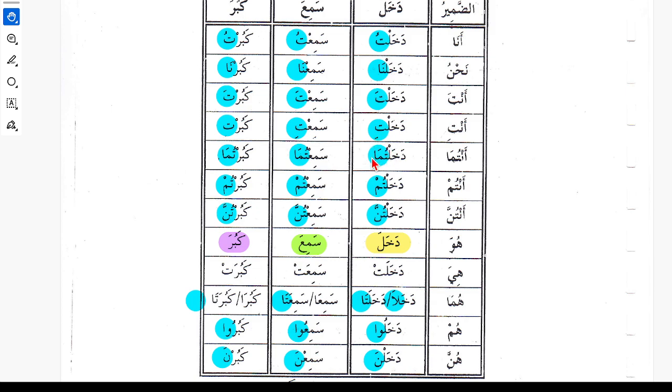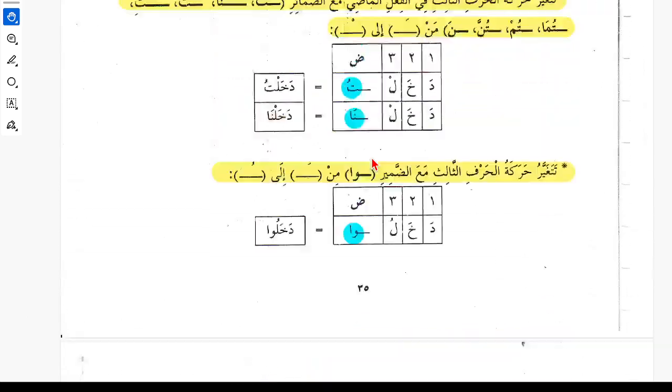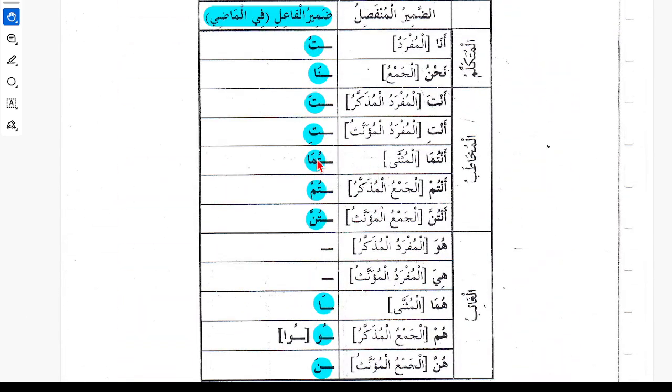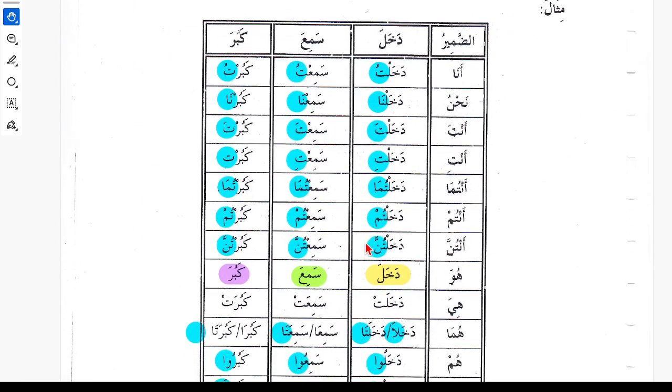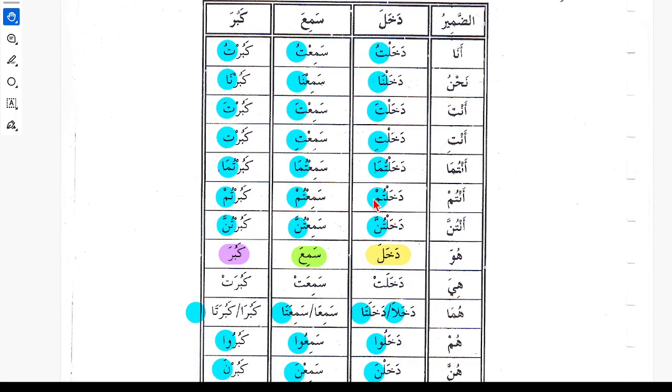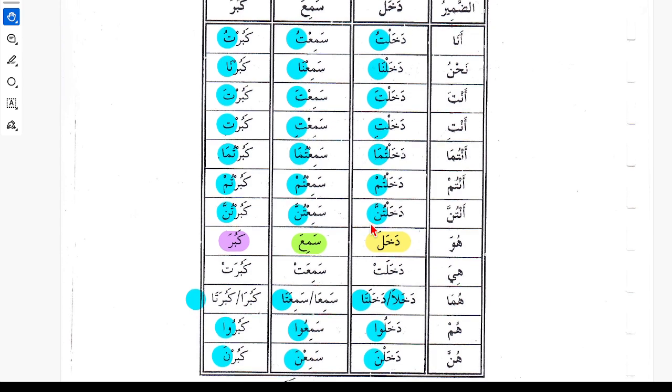This tuma is the fa'il, the pronoun. Dakhaltum, tum is the fa'il here. Antunna, dakhaltunna, this tunna is the fa'il for the feminine plural, second person.